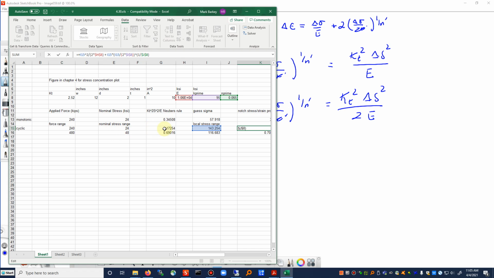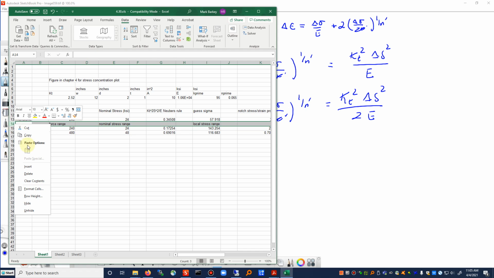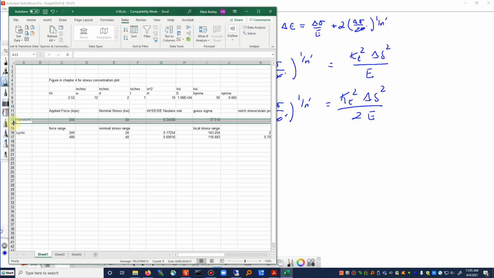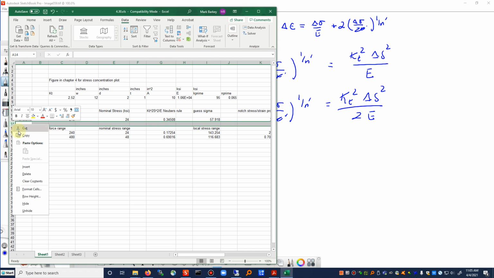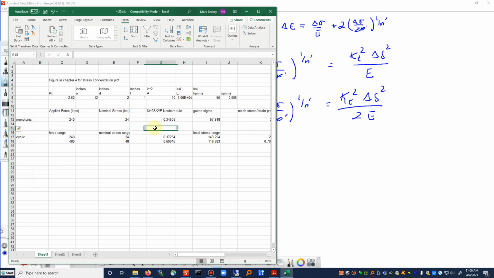So on this side, and tell you what, to make sure that's clear, I'm going to put in here that I'm looking at the KT squared delta S squared over 2E.